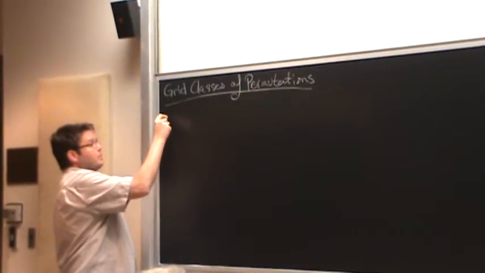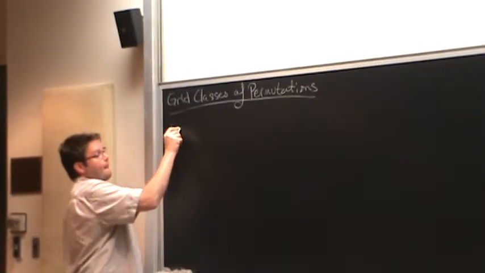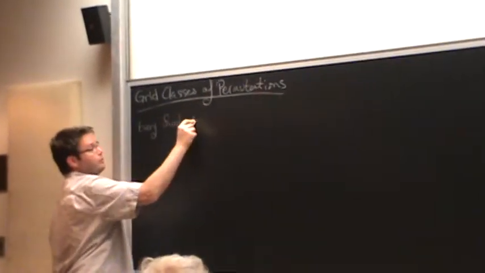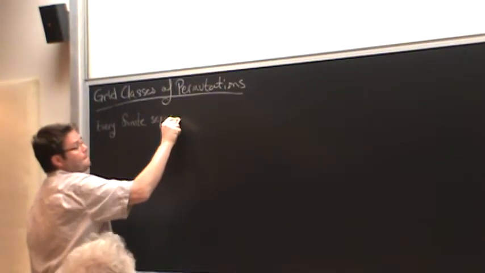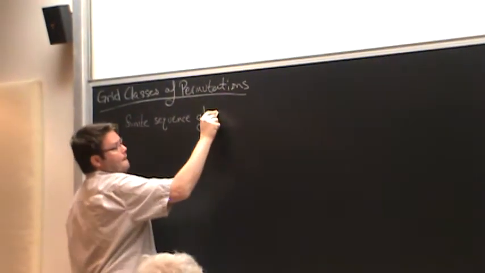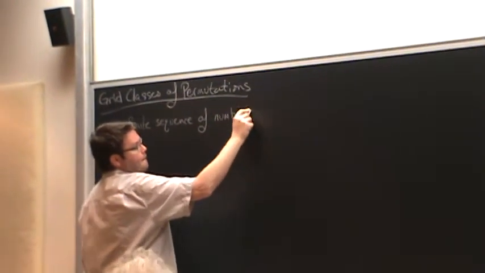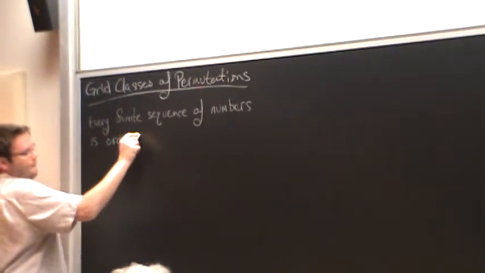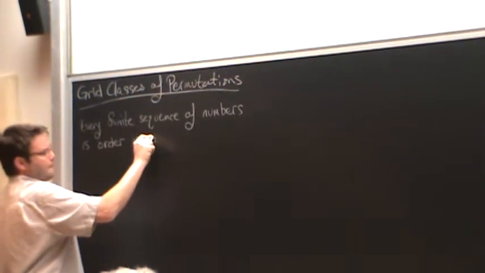So the basic idea is that every finite sequence without repetition, so a sequence of numbers, is order isomorphic to a unique permutation.